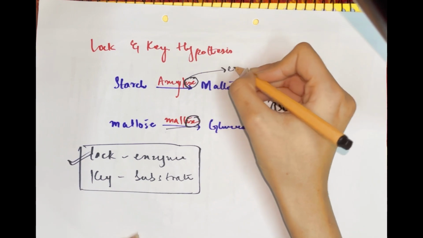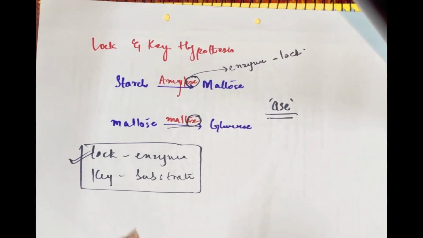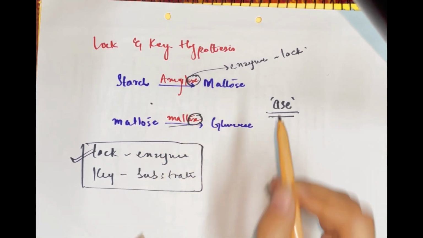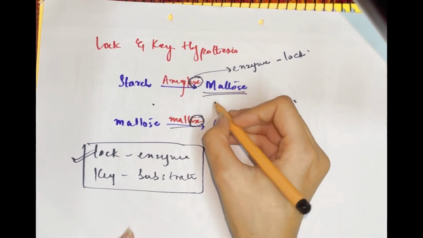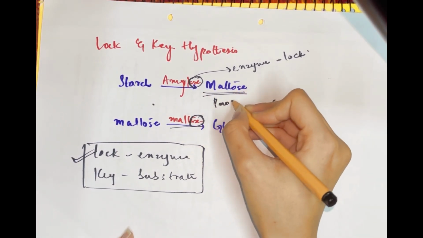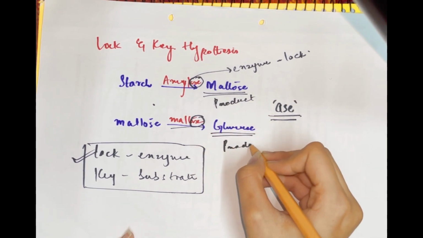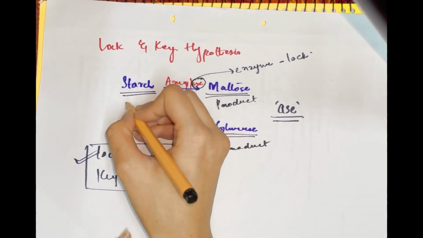So this is an enzyme, that means this is a lock. The next thing that we need to determine is the substrate and the product. We already know that at the end of a reaction, we find a product. This is easier to determine when it comes to the reaction. We say that this is a product and the rest that is left is obviously the substrate.